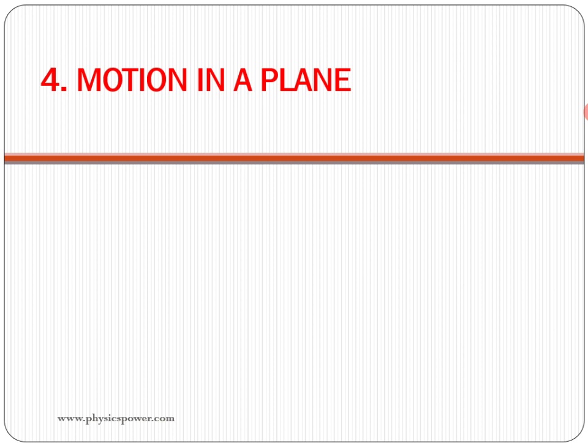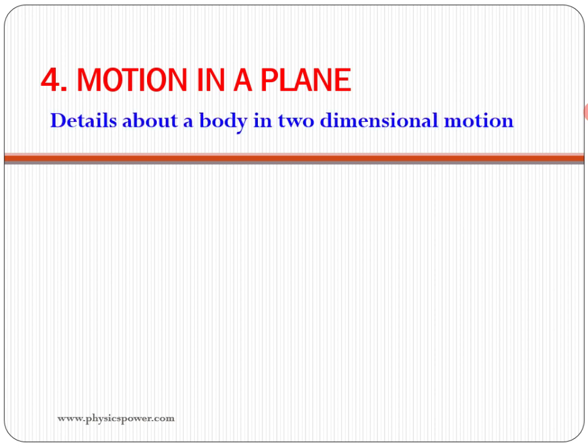Next, Motion in a Plane. In the previous lesson, Motion in a Straight Line, a particle moves in only one direction. Now the particle or body moves in a plane. A simple example is the carroms game. If you strike particles with a striker, all particles will move in a particular plane.